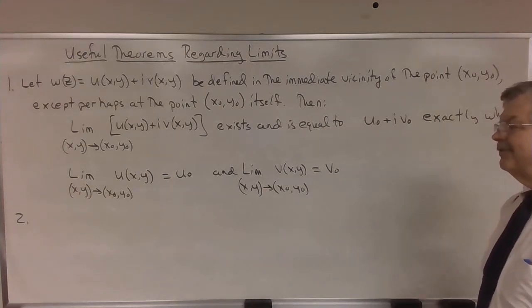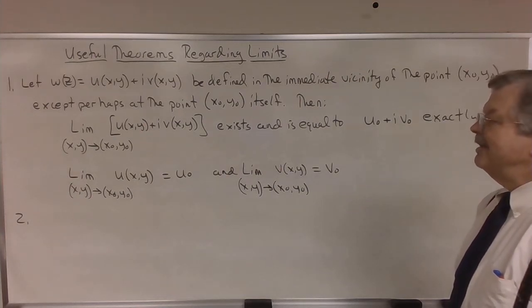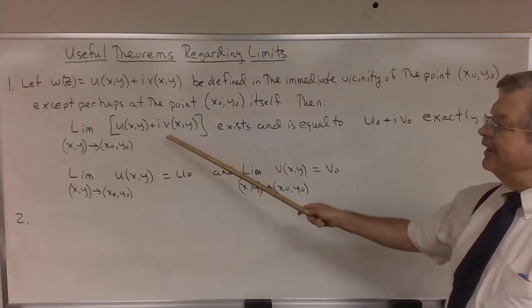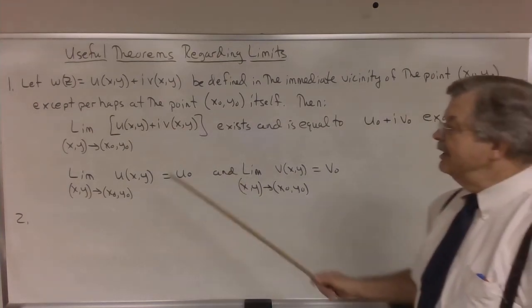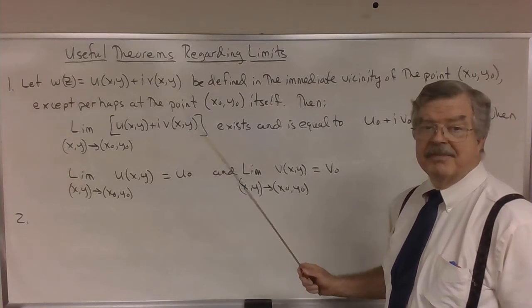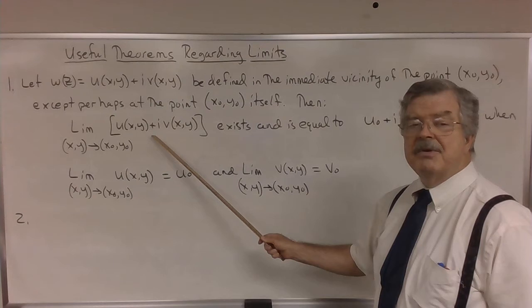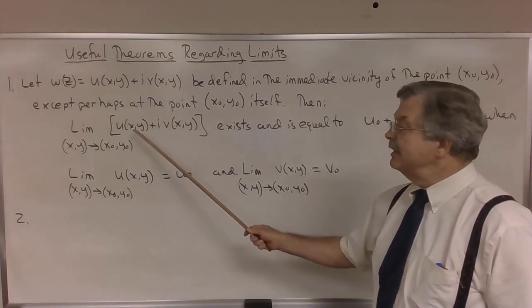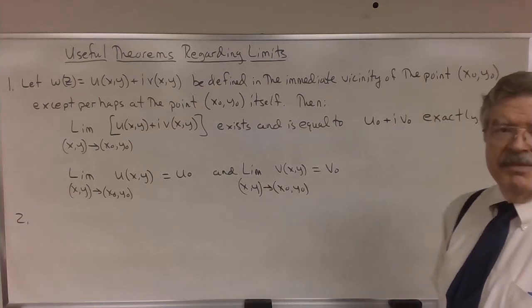Now, the emphasis of this theorem is just that the limit of this function exists if we can compute the limits of the real and imaginary parts separately. If the limit of this function exists, then we can compute it by computing the limits of the real part and the imaginary part separately.